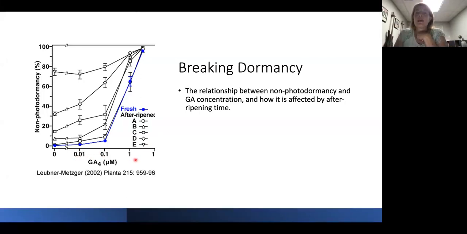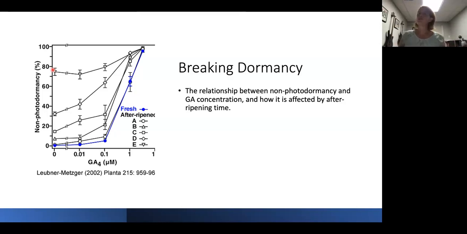And we can see that just having the seeds be older, so this is called after ripening, increases the amount of germination that occurs. So what's happening here is that, remember, we said the embryo is living. So even after they fall off the maternal plant, a lot of times that embryo is still undergoing developmental changes. And until those developmental changes are done, they're not really ready to germinate.